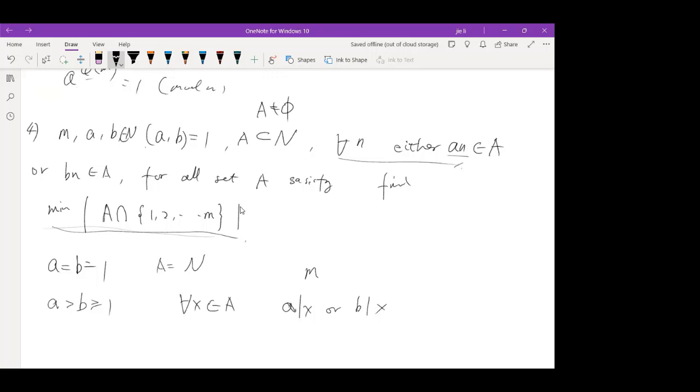And if you think about a number that is a multiple of b, say b times c, and c is not a multiple of a, what can we do with that one?